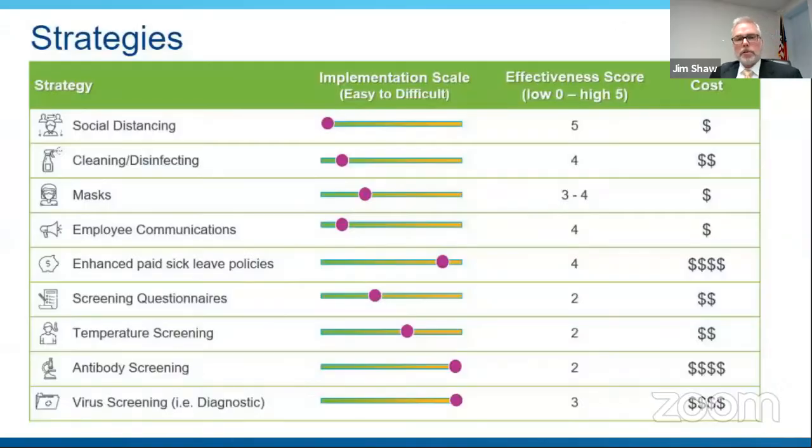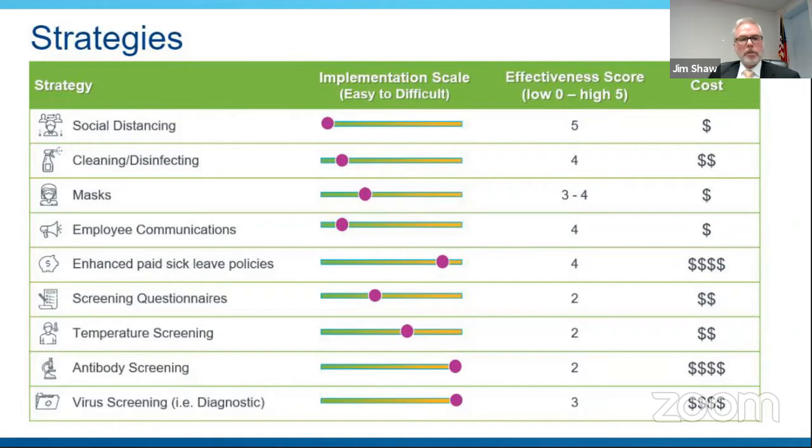As we think about different strategies, we look to gauge one, the effectiveness of the strategy itself, based on what the medical profession is telling us now, two, the ease for us to implement that particular strategy, and then three, the cost for implementing a strategy. So in other words, social distancing, keeping at least 6 feet away from folks is highly effective. In most cases, easy enough to implement and doesn't cost a lot of money.